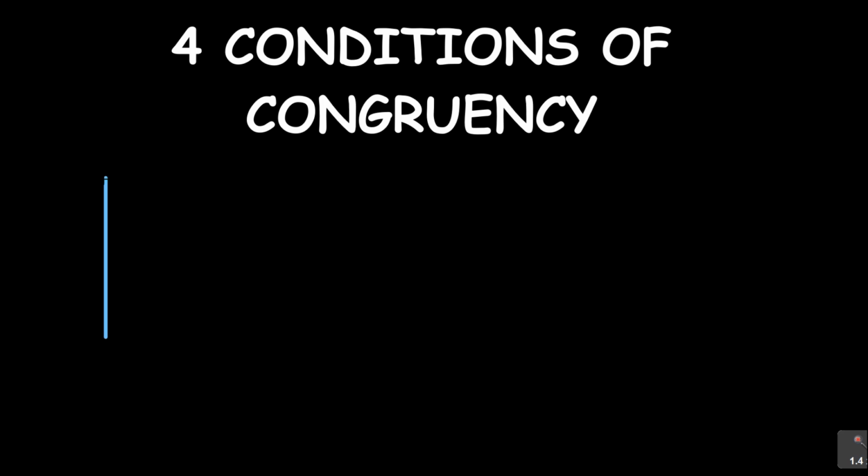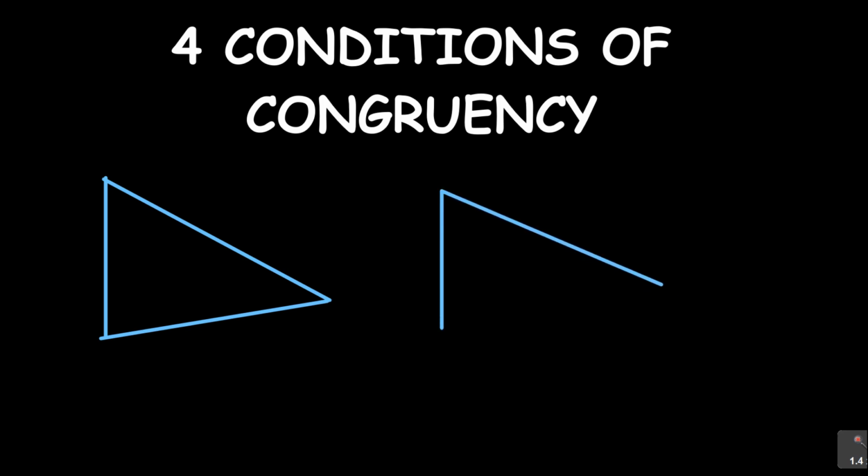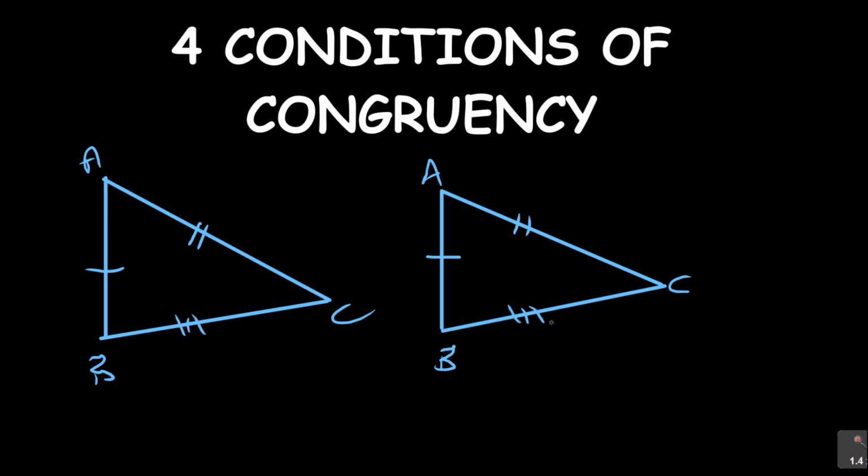If I've got this triangle, and I've got another one similar to it, the first condition of congruency is A, B, C, A, B, C. So if that side is equal to that side, this side is equal to that side, and this side is equal to this side, we call these triangles congruent. It means side, side, side.